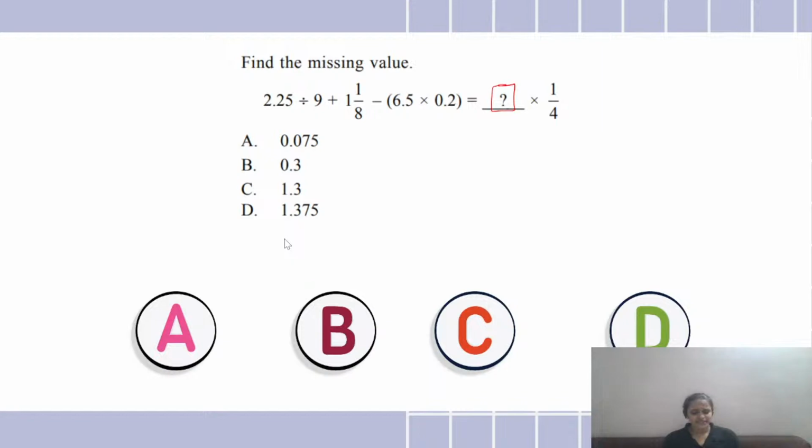Am I getting the answers very slow? You guys are only typing it slow.